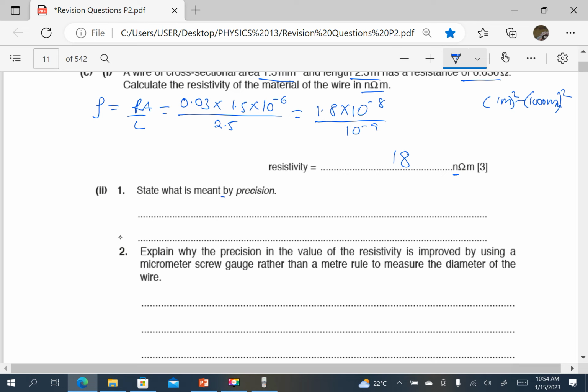State what is meant by precision. We have said precision is how close the measured values are to each other. It is determined by the range in the measurements or in the readings.